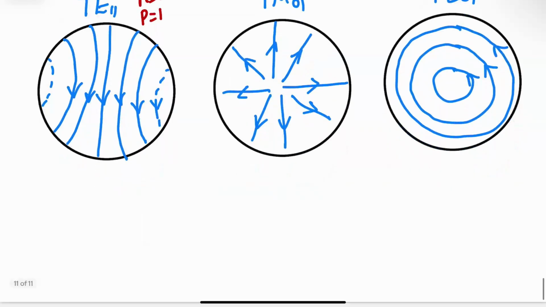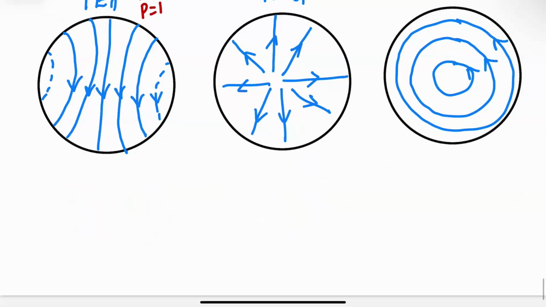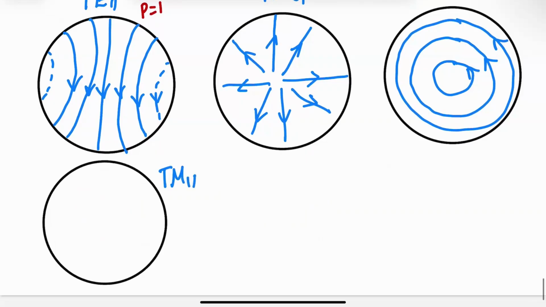Okay. Now an interesting mode that's related to these is the next mode, which I'll draw a little bit smaller, is the TM11 mode. So the TM11 mode looks something like this.